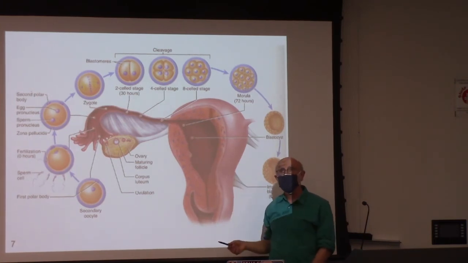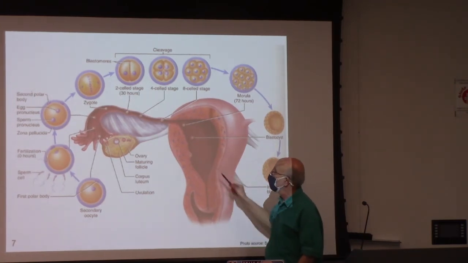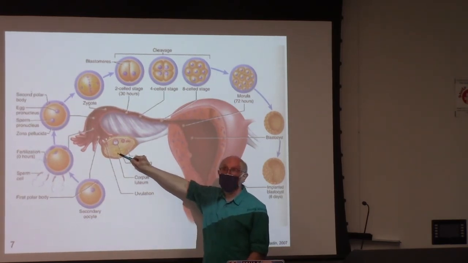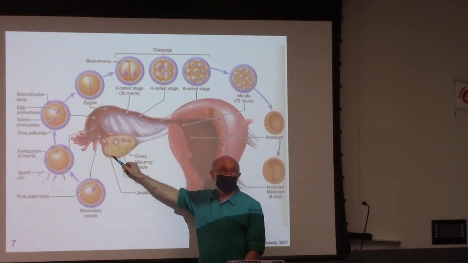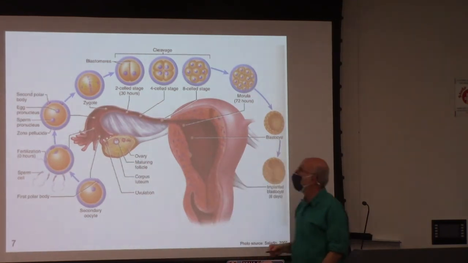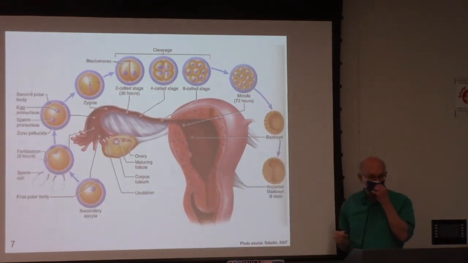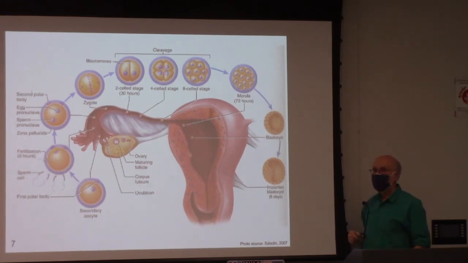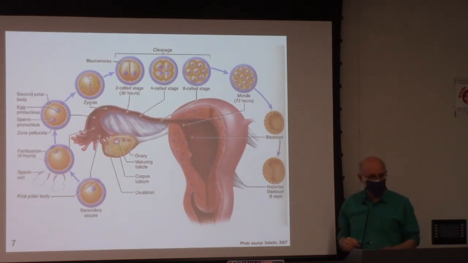That's the trigger for chorionic gonadotropin, and that's the trigger for maintenance of the corpus luteum inside the ovary. Remember, the corpus luteum is your source of progesterone, which is necessary for continued development.